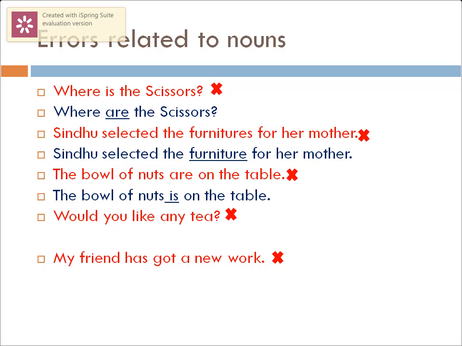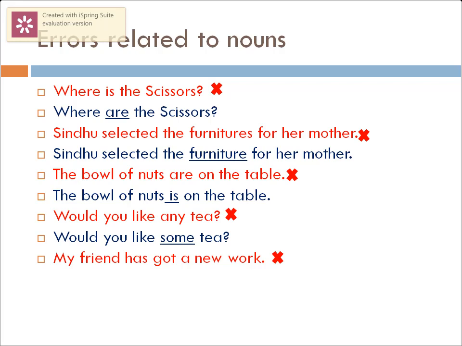The bowl of nuts, though nuts is a plural noun, the bowl of nuts is the whole subject. The bowl of nuts is singular. So hence we have is and not are in the sentence. Would you like some tea? Because tea is uncountable and it has to be determined by some and not any.